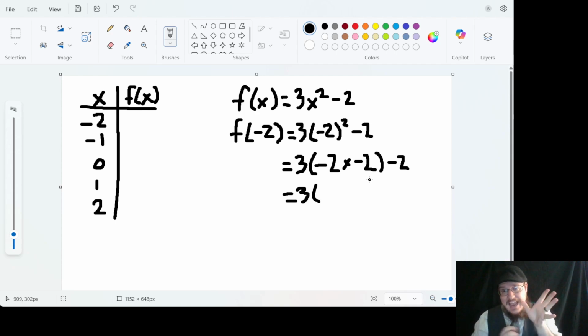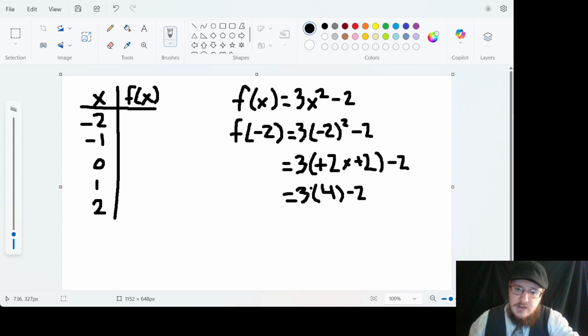Anytime you multiply a negative to a negative, double negative there, becomes a positive. So, essentially, negative 2 times negative 2 is basically the same as positive 2 times positive 2. In this case, 4 minus 2.